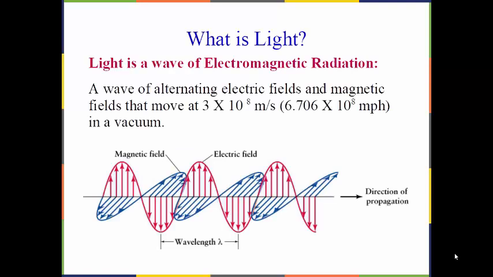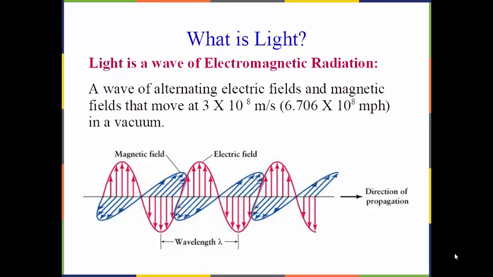But before we talk about the telescopes, we should discuss light. So what is light? Light is a wave of alternating electromagnetic fields that moves at 3 times 10 to the 8 meters per second in a vacuum. Here we see pictured in the red arrows a representation of the electric field, and notice it moves up and down.